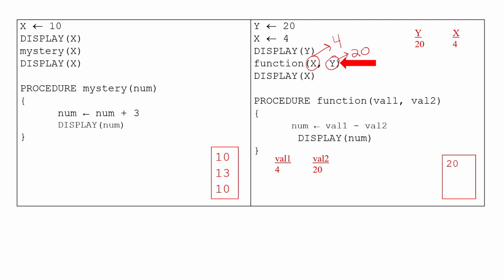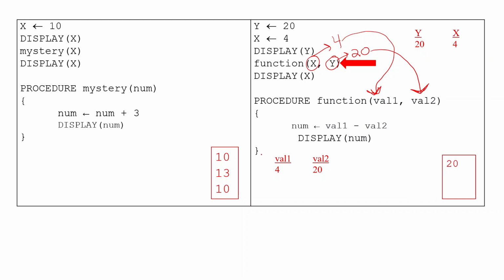So when I pass the function X, Y, that means I pass the values. And you pass it in the order, and it's received in the order it was passed. So X was first, it was 4, and that's why val 1 becomes 4. Y, which is 20, was passed second, and that's why val 2 is going to be 20.